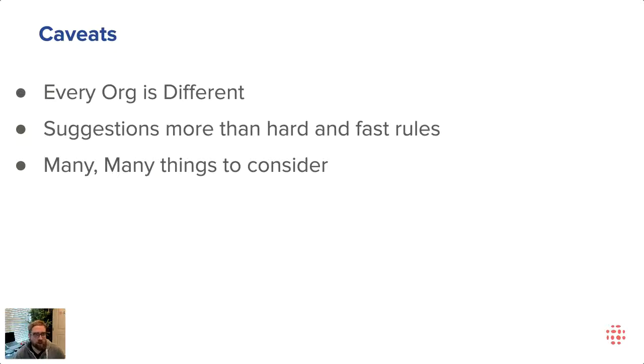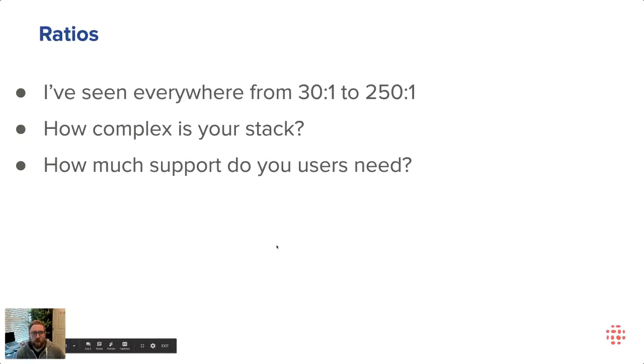So with all of that being said, everyone loves to talk about ratios. And ratios are certainly one way that you can look at your IT staffing. Now, I've seen ratios anywhere between one IT person to 30 employees, all the way to one IT person to 250 employees.